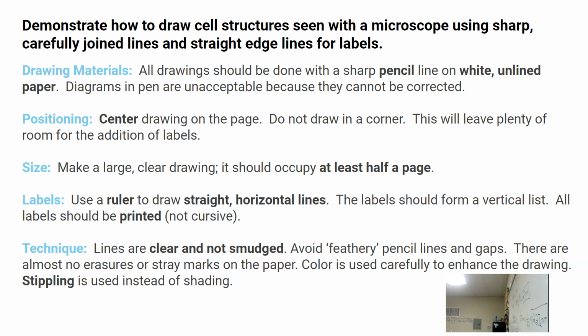Labels should be printed, not cursive. Sometimes when we do nice drawings, we want to make it look fancy, but the rule is no cursive. So we're using a ruler.